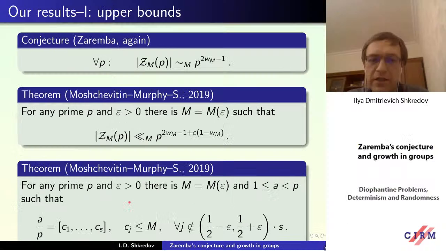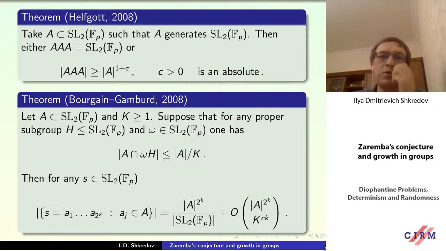So for any prime p and epsilon, there is M such that if I consider the continued fraction expansion of a certain a over p, then all partial quotients can be taken less than M, out of this middle interval of size epsilon p. So in some sense we are epsilon close to the Zaremba conjecture, but actually we don't know what to do further. So now I want to talk about the methods.